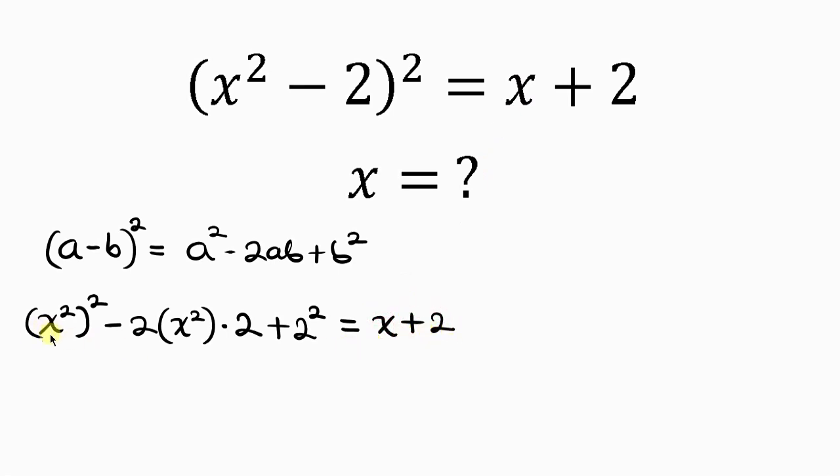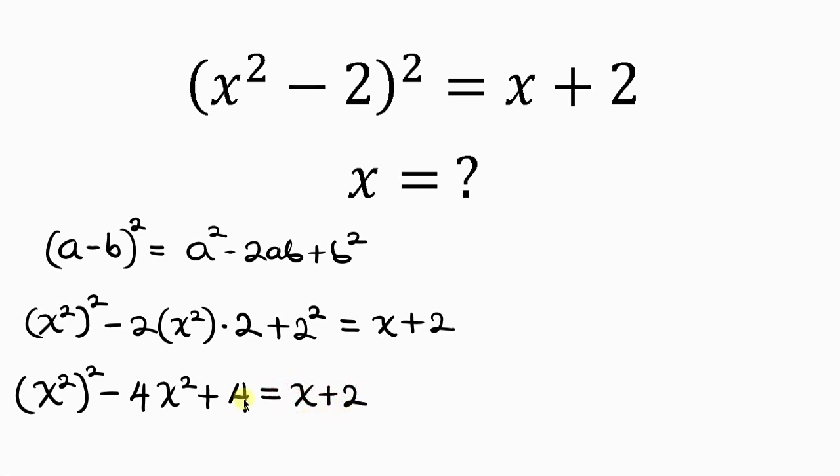Now simplifying, we're going to have (x squared) all raised to the 2 minus 2 times x squared times 2 is 4x squared plus 2 squared is 4. And this is equal to x plus 2.